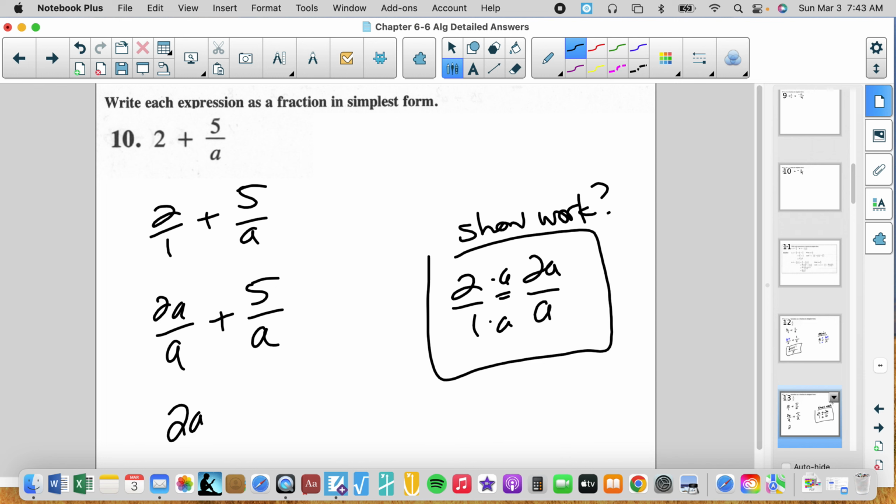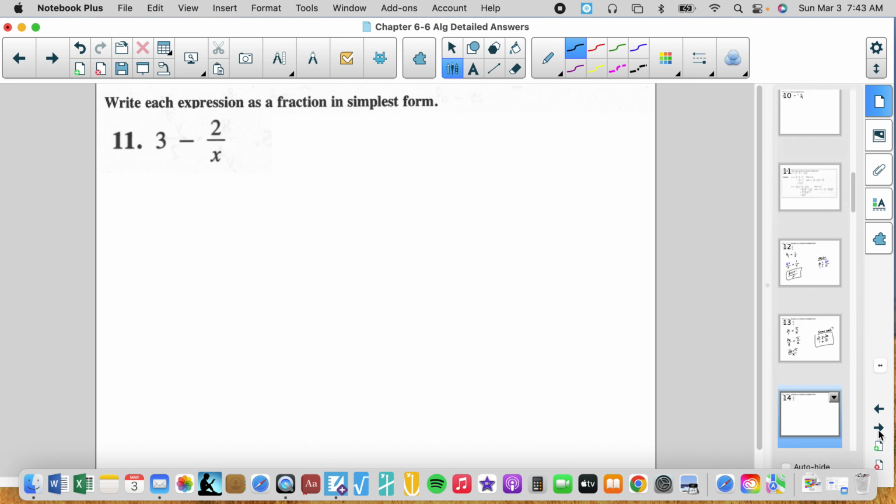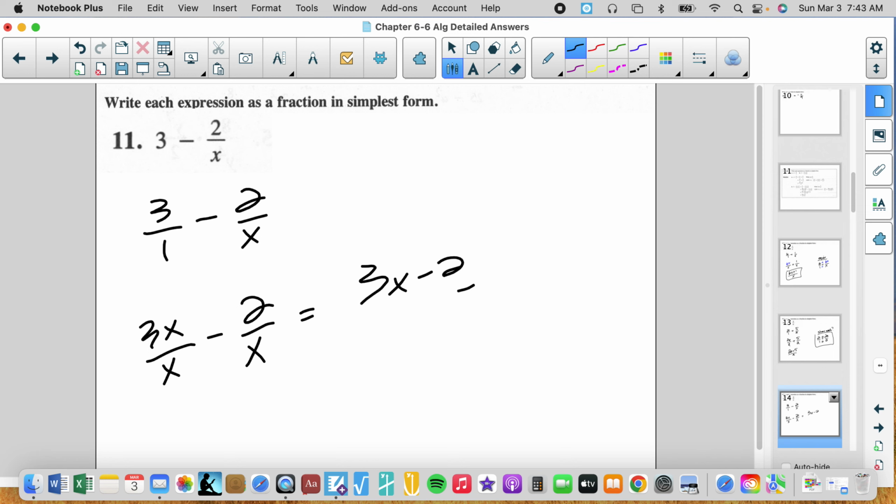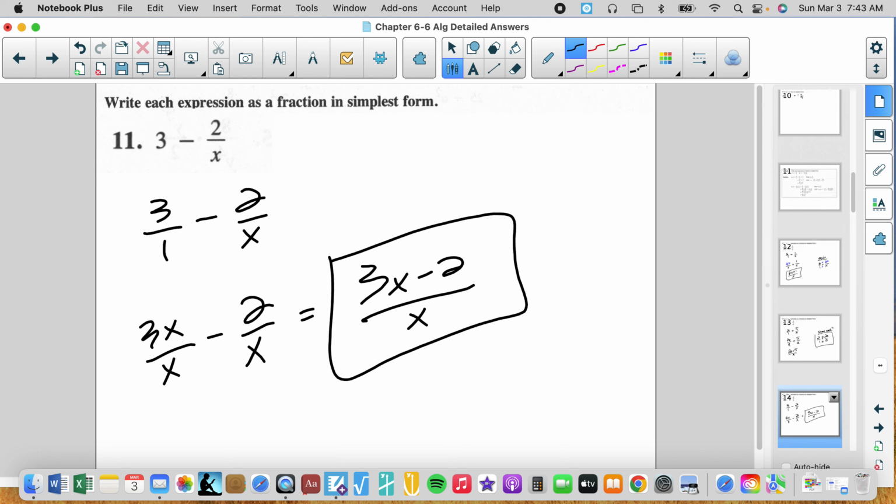And then you get 2a plus 5 over a. These should be relatively fast. 3 over 1 minus 2 over x. I don't mind you writing that statement. Then you get 3x over x minus 2 over x, which equals 3x minus 2 over x.